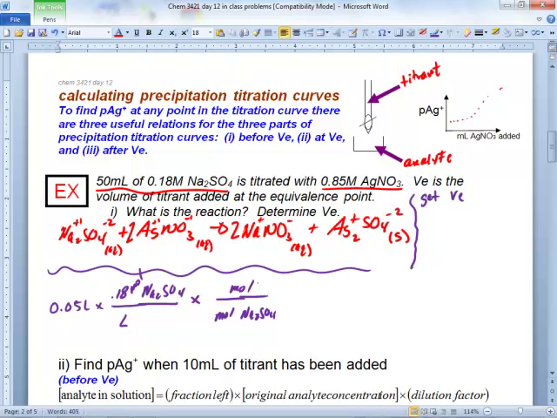The AgNO3. For once, something isn't 1-to-1. I need 1 of those for every 2 of those. Okay. Now, how do I get it into volume?